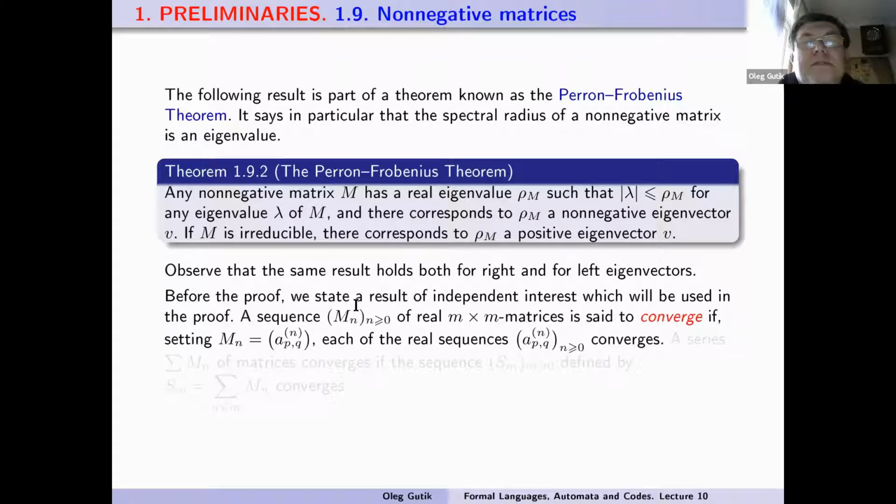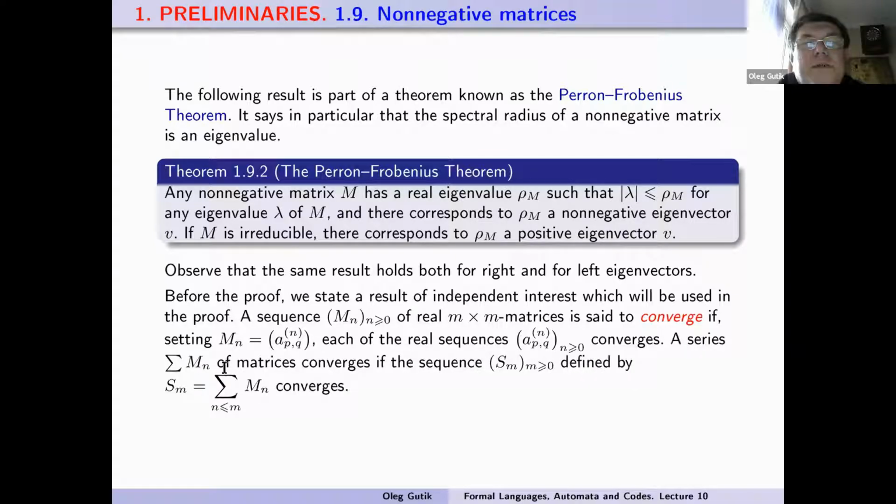A sequence of matrices M_n, where M belongs to the set of non-negative real m times m matrices, is said to be convergent if, setting M_n = (a_pq)^n, each of the real sequences converges.